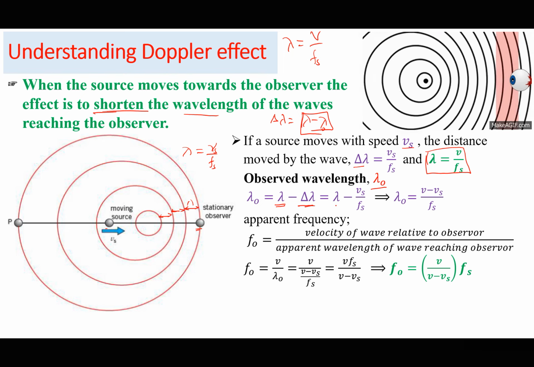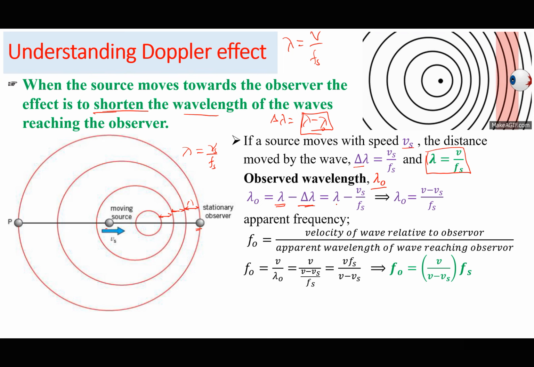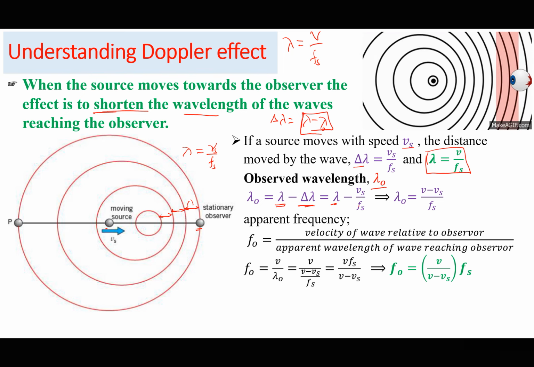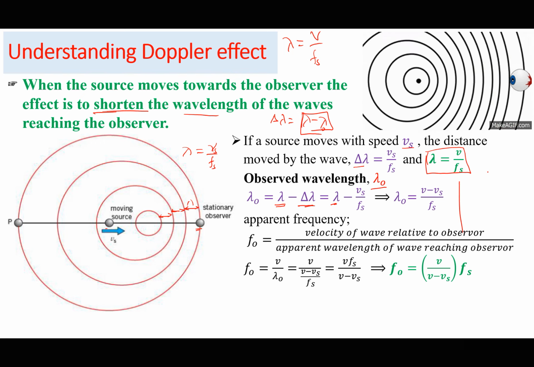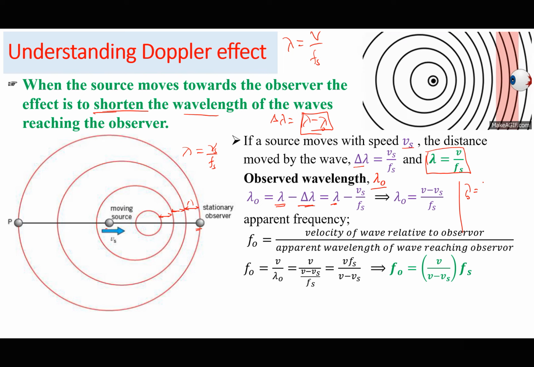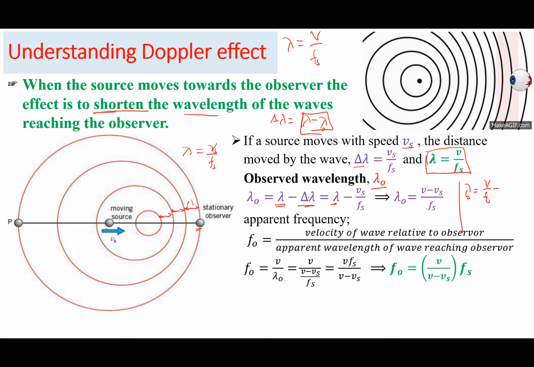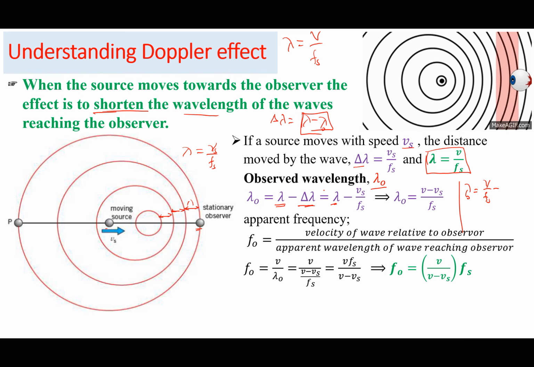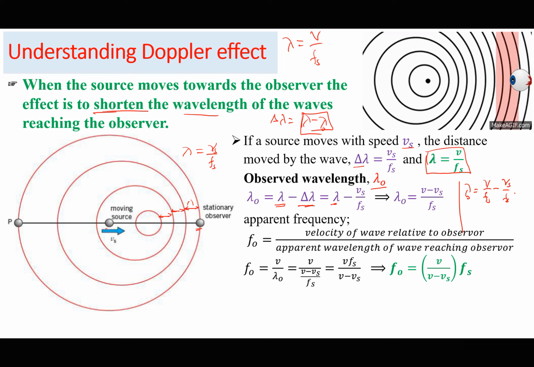So when I substitute for lambda, which is V over Fs, and I also substitute for the change in lambda, I'm having something like this: lambda naught equals, where there is lambda, I'm putting V over Fs minus the distance moved by the wavefront when the source moves towards the observer, which is Vs over Fs.